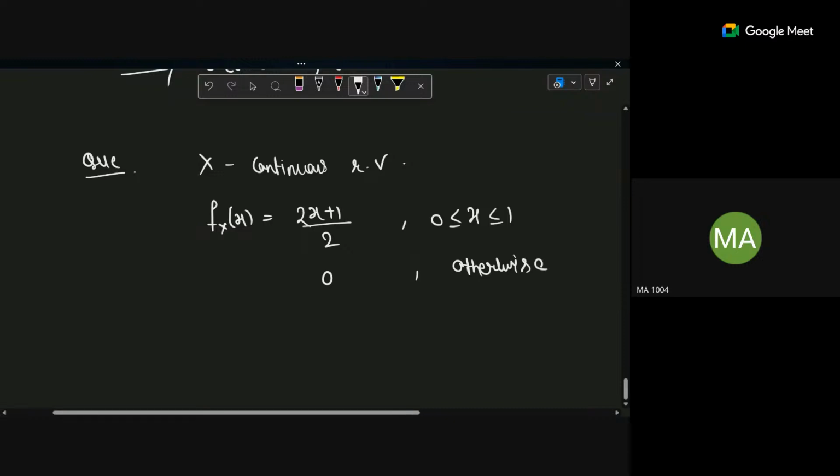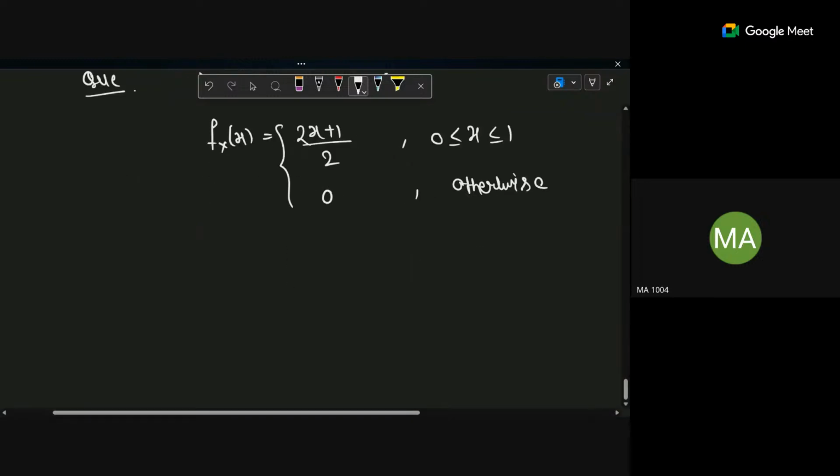Then find the expectation of y, where y is equal to x cube.